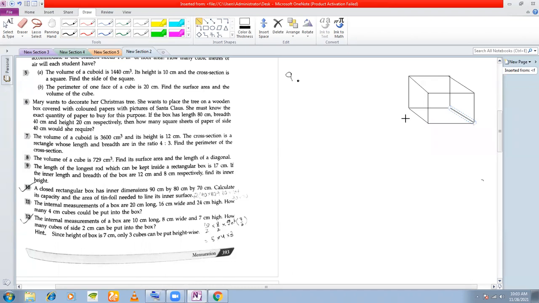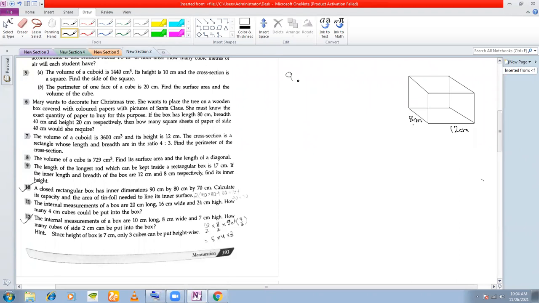If the inner length and breadth is 12 and 8, so let's say this is 12 centimeter and let's say this is 8 centimeter. Tell me, how will you be able to accommodate a rod inside the box? The rod is of length 17 centimeter.